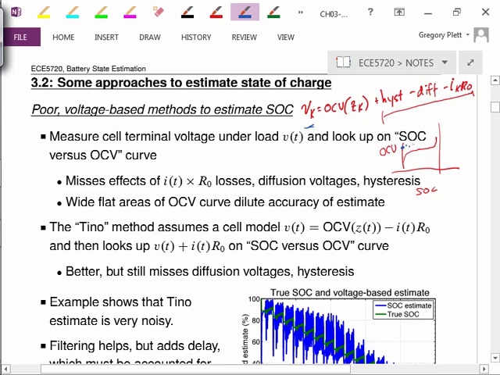I would go over on this curve to where that voltage intersects, and there would be my state of charge estimate at that point in time. If I had a voltage measurement down here, I would go down here and say, that is my state of charge estimate at that point in time, and so forth.